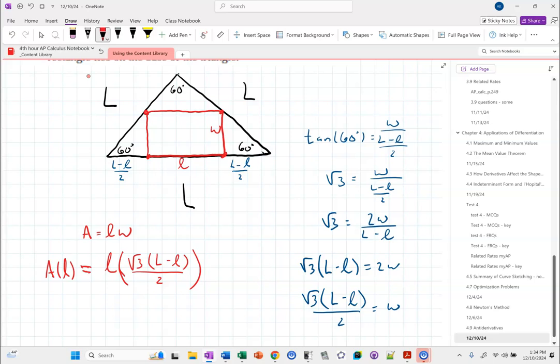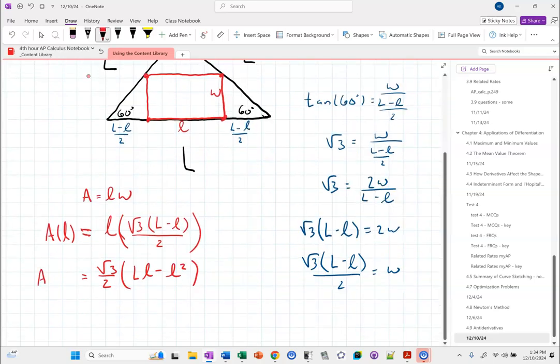Okay. I'm going to just clean that up a little bit before I differentiate. So I'm going to pull the root 3 over 2 out to the front and then distribute the script L through.